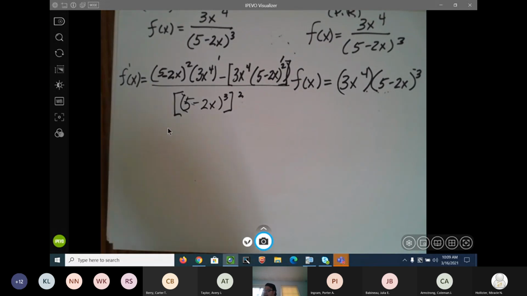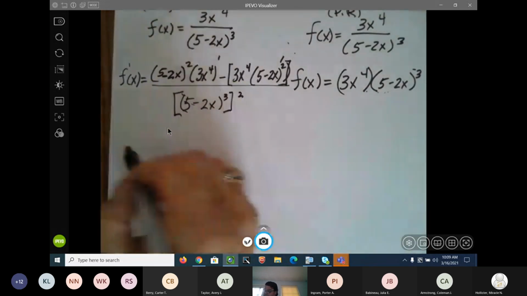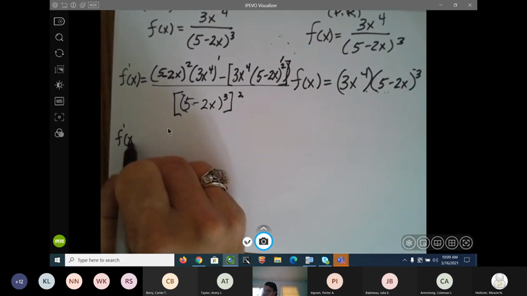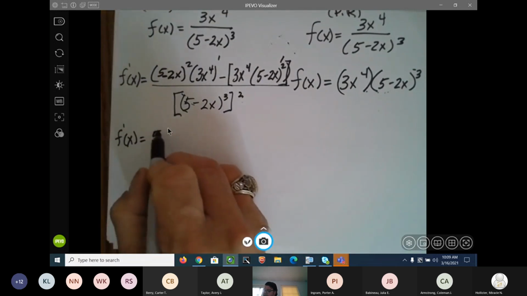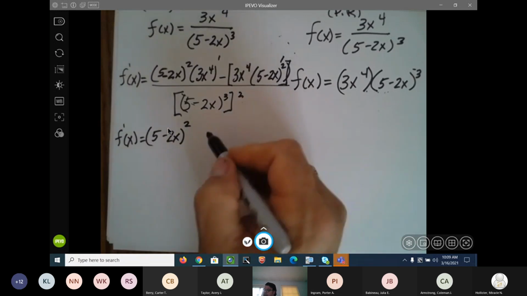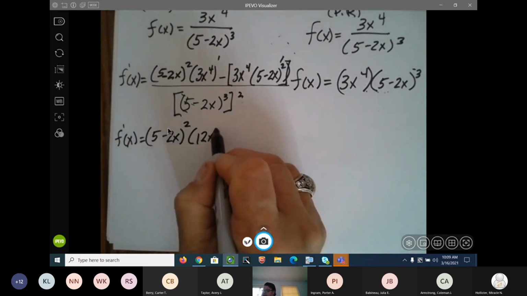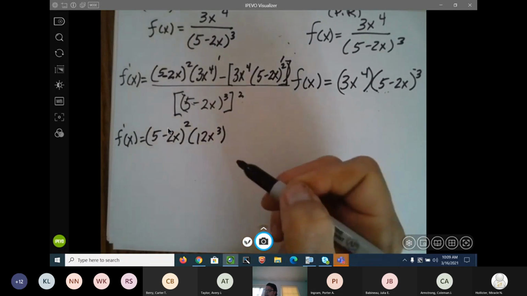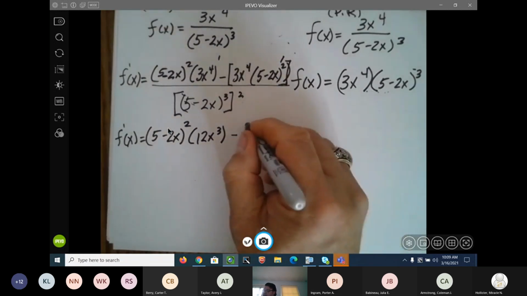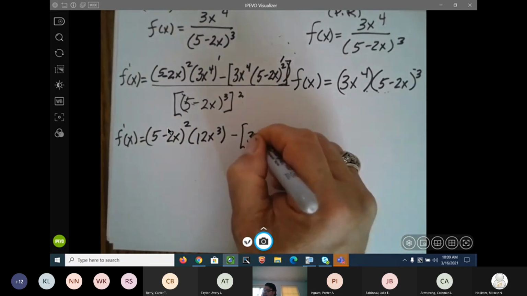Okay, now on this side, that's going to be f prime of x is equal to 5 minus 2x to the second power times 12x to the third power minus parentheses 3x to the fourth.